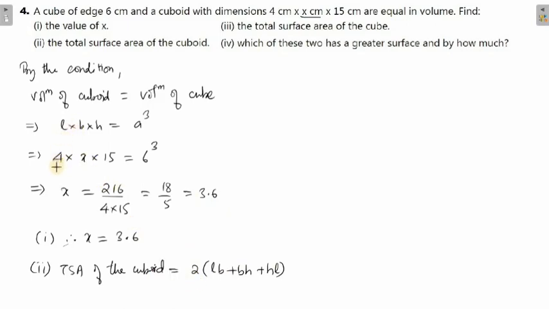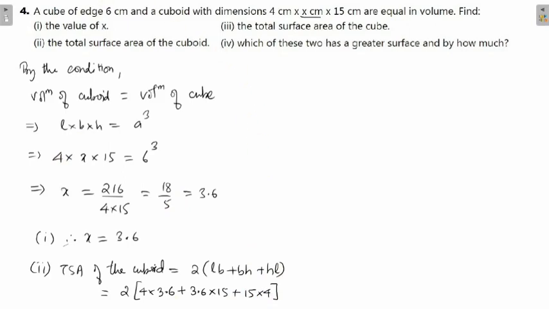As I said, length is 4, into breadth is x, which is 3.6, plus b is 3.6 as you all know, into h, which is 15, plus h is 15, into L, which is 4. Okay, so this is my total surface area.